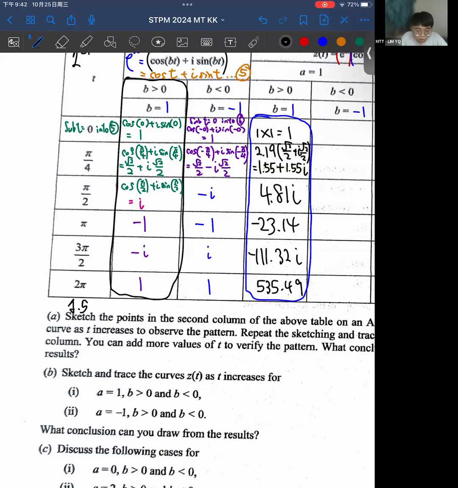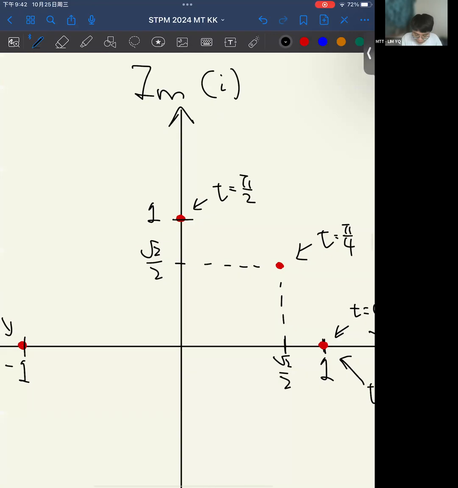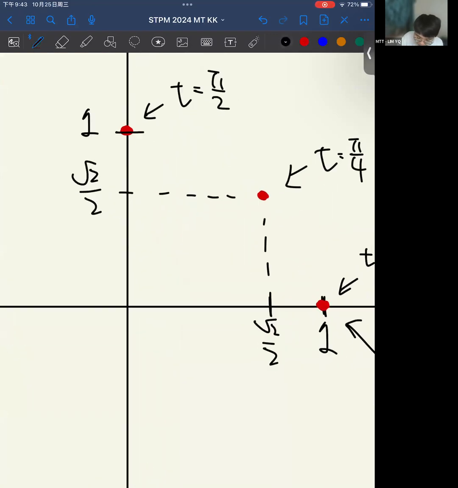The number is cos 1.5, 0.07, plus sine 1.5, 0.997i. Very weird numbers are okay. 0.07 is very small, 0.99 very big. It is about here, I think: 0.07 and here 0.99. So meaning that here, right?